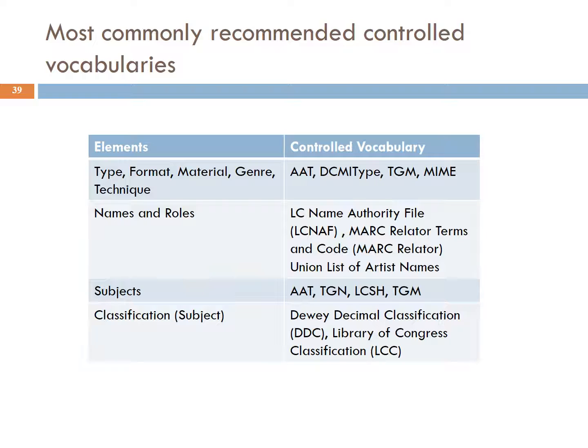For names and roles, we have the Library of Congress authority file. We have MARC relator terms. Remember, we talked about those last week. So Joe Smith was the photographer or the editor, so their role, and also the Union List of Artist Names. For subject, we've looked at LCSH, but know that there is also the Art and Architecture Thesaurus, the Thesaurus for Geographic Names, and also the Thesaurus for Graphic Materials. And then classification of subject, of course, we have Dewey Decimal and Library of Congress.